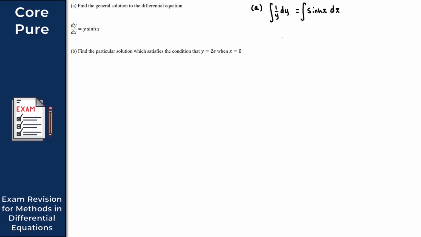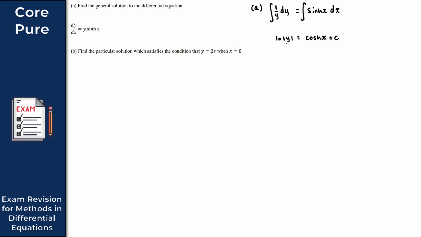For these integrals, this should be nice and straightforward. On the left-hand side, this is ln y, is equal to, the integral of sin x with respect to x is simply cos x, and don't forget our constant of integration, plus c. Now what we want is just y, the general solution.